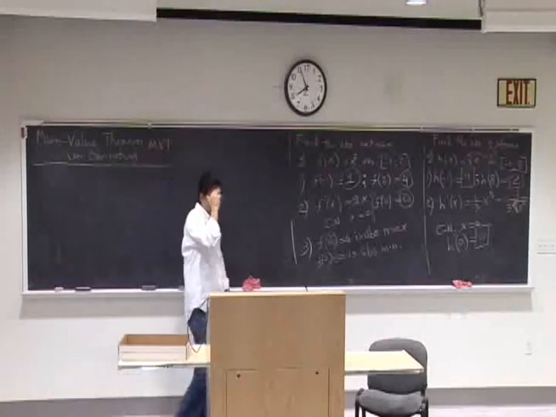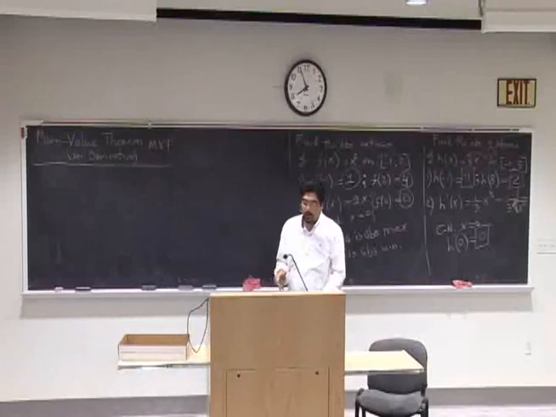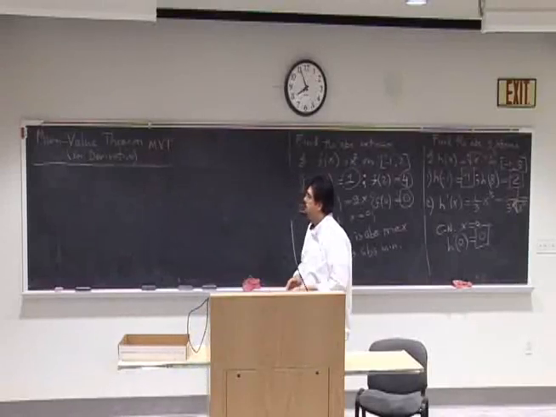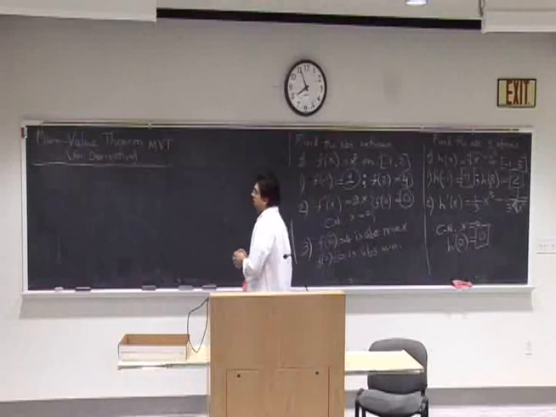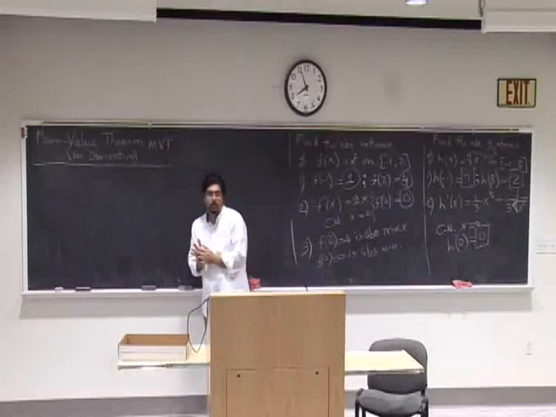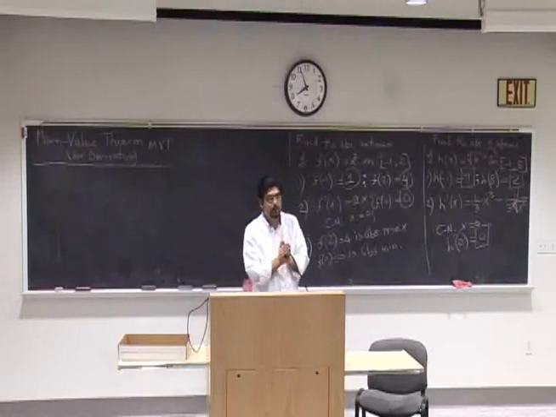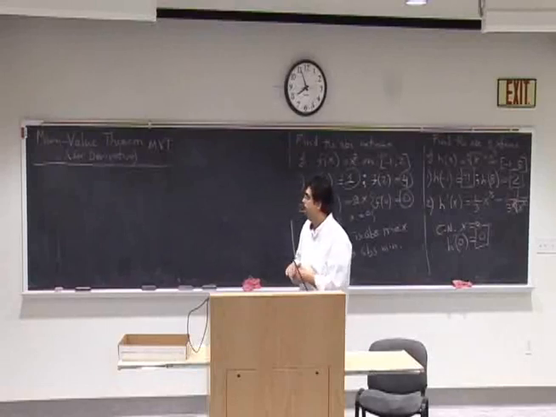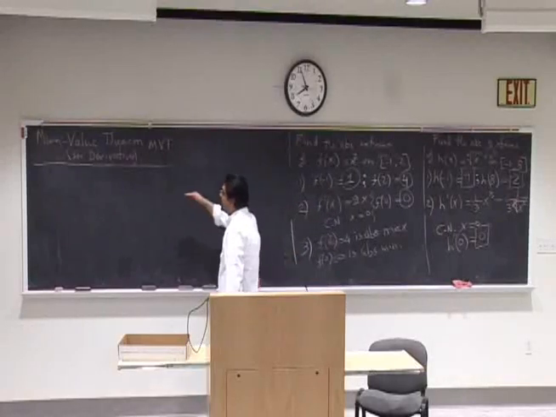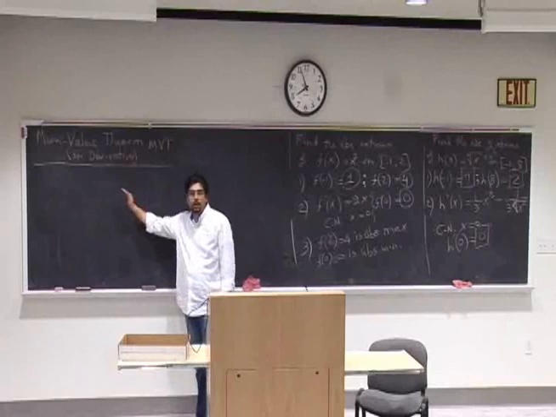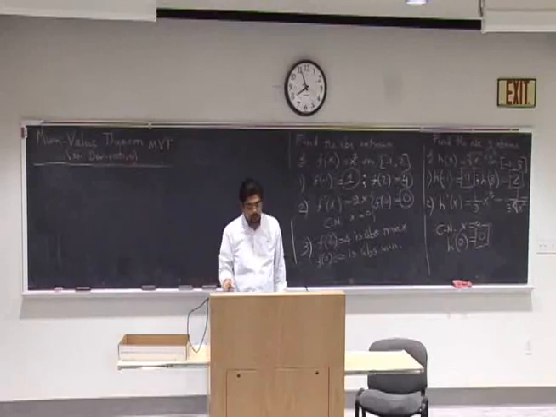Okay? The mean value theorem has a lot of consequences that are very useful. It's a very practical theorem, not for its immediate results, but for the results that its consequences give us.